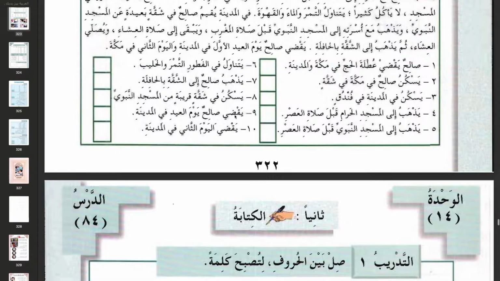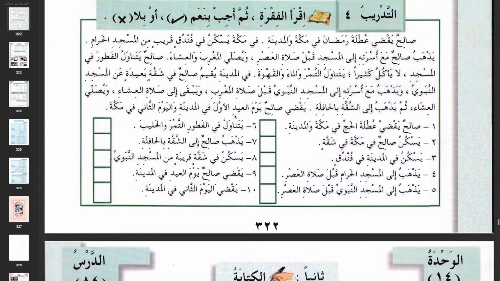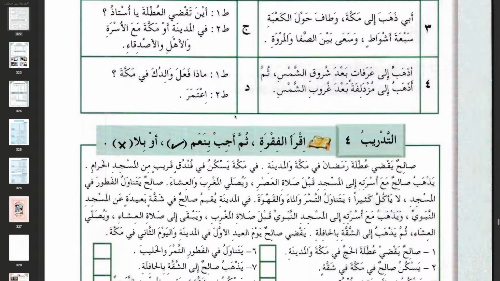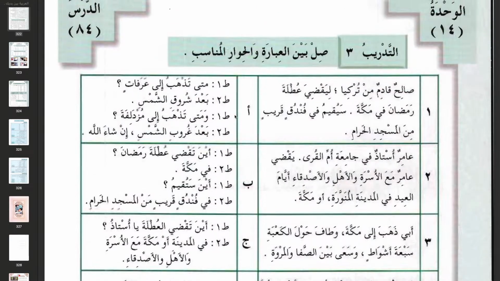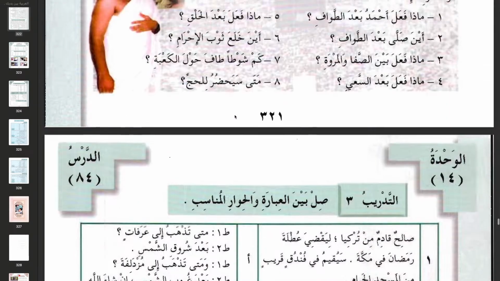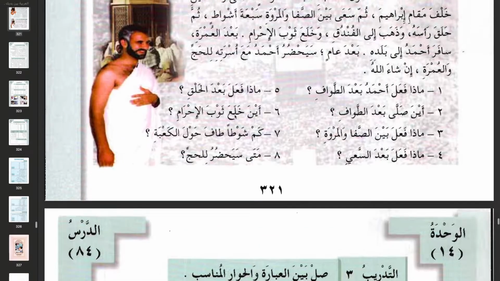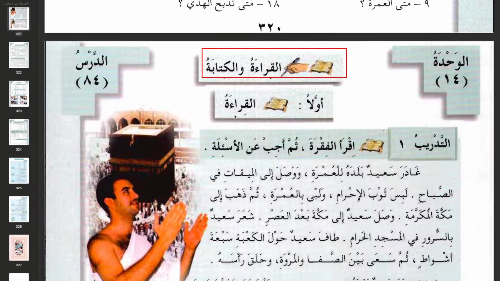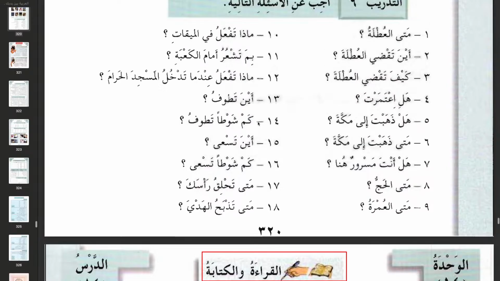For the rest of the book, we're just going to focus on the main conversation and some of the faqarat, the paragraphs at the end. Just the conversation and some of the paragraphs at the end.